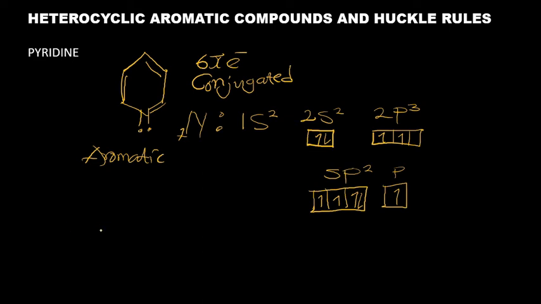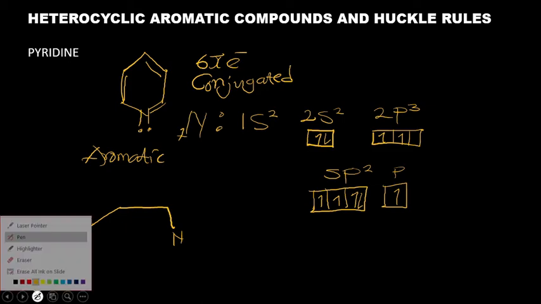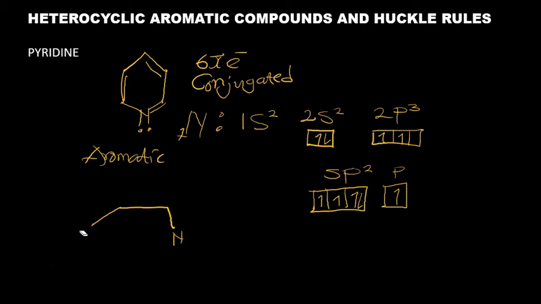So let's look at this structure once again. So this is our nitrogen. Oops, don't mind my drawing. Let's clean it and draw it even better. I have an eraser here.